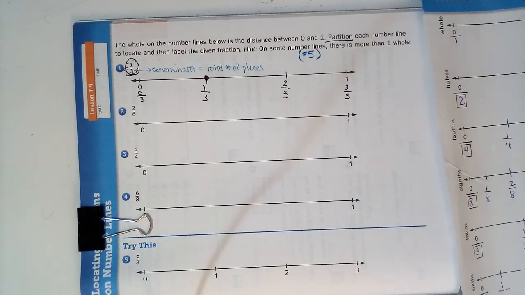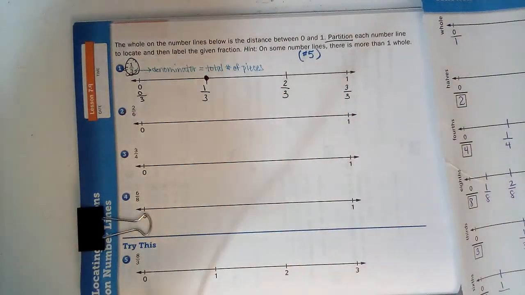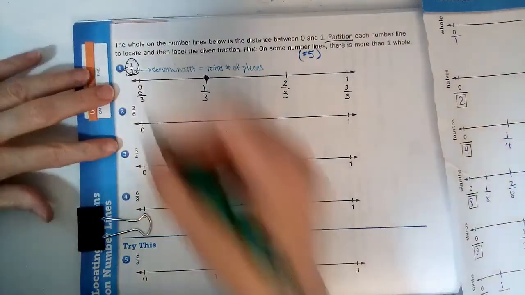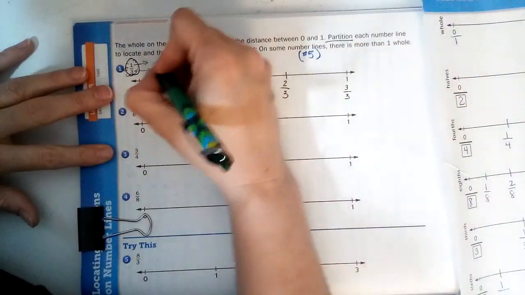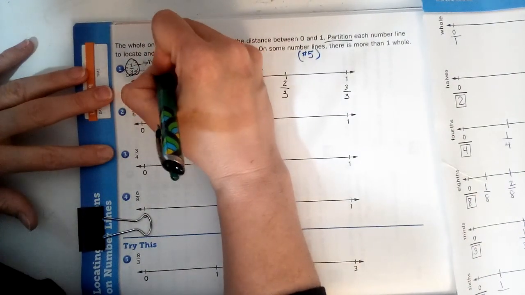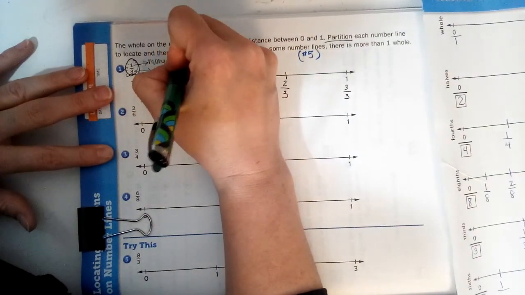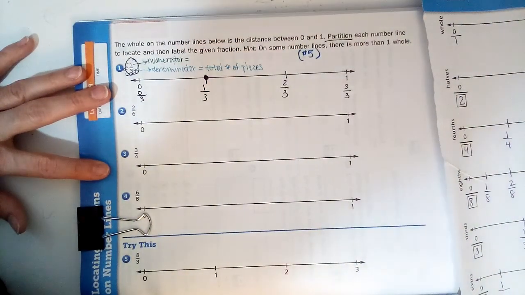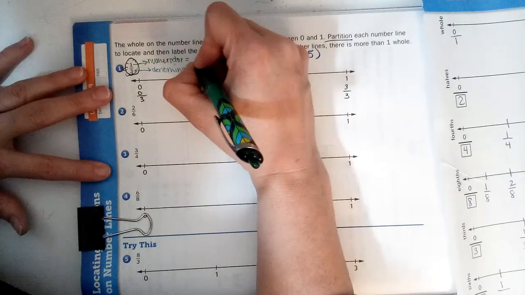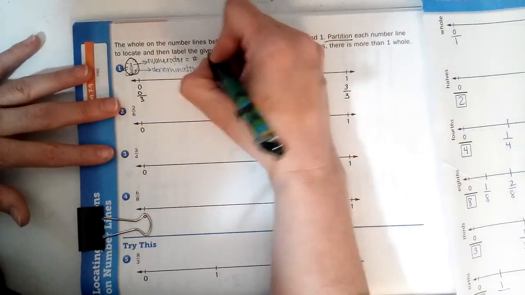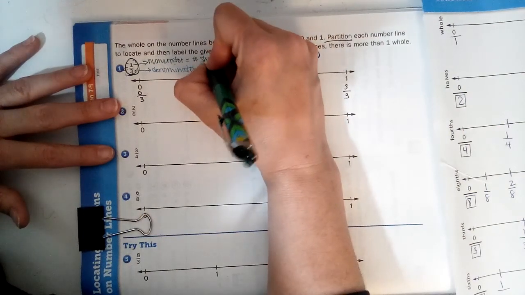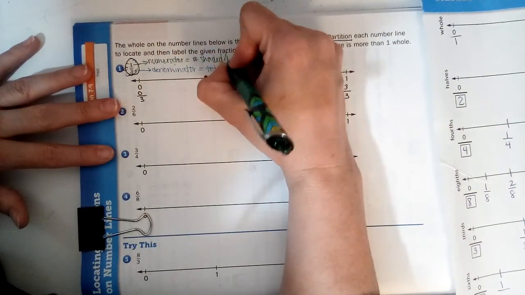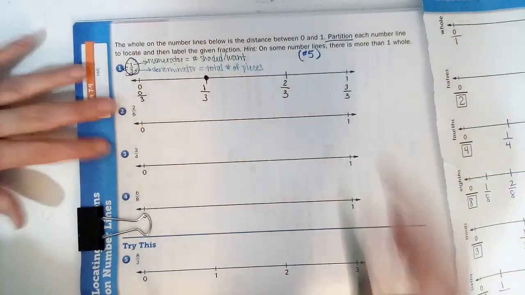Your numerator tells you how many you have, or the number shaded, or the number on the number line. Oh, you can't tell that. Oh well, this is green. Numerator is the top number, and that tells us the number we have. The number shaded, or the number we want on our number line.